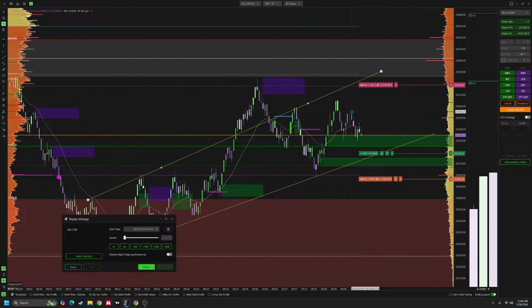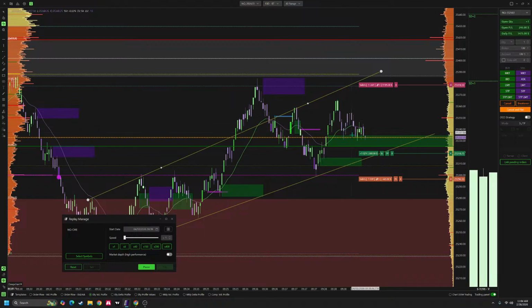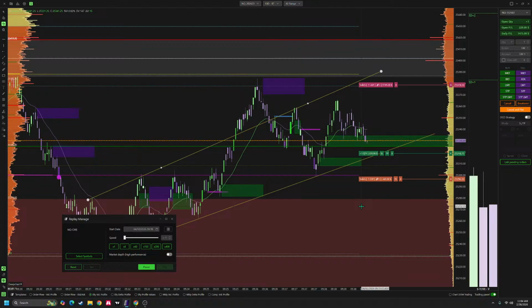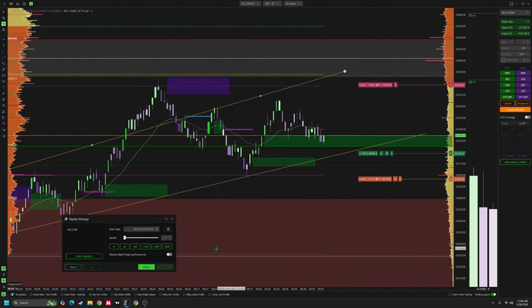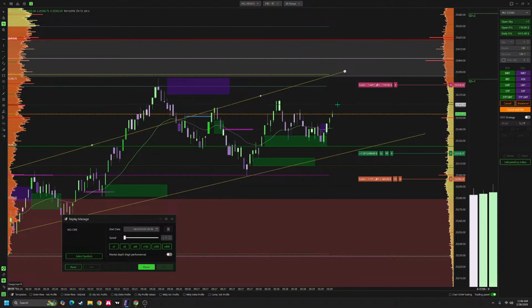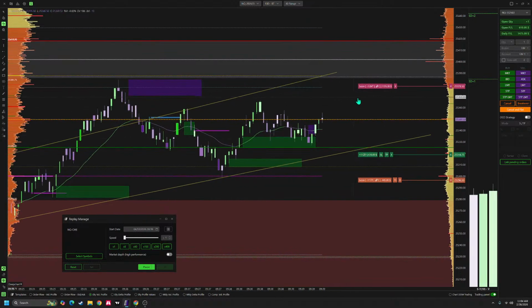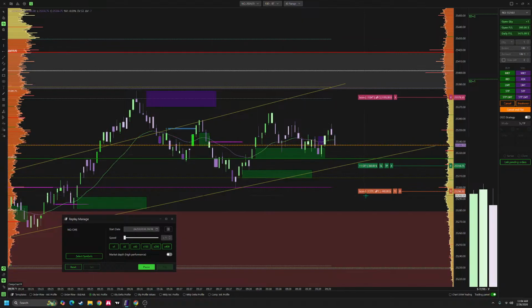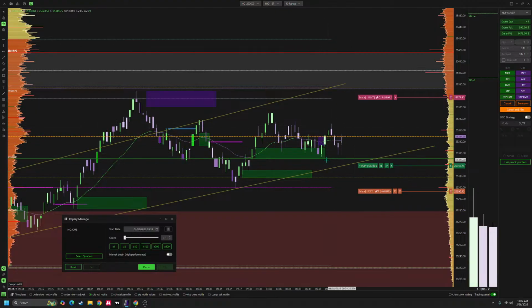Made a lower high here. Could be a fake out or a flip back to the downside. We're going to trust our analysis. It's a little bit of consolidation. So we're 39 minutes in. A little bit of a battle, but the buyers win and continue to drive the price up. One more push above this swing, and we're going to move our stop up behind this swing.